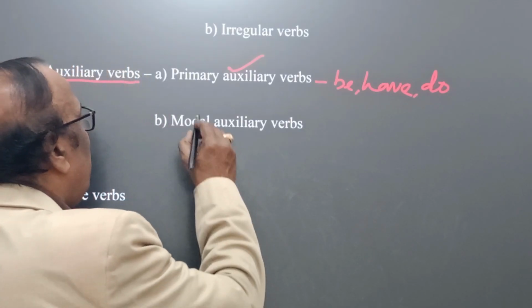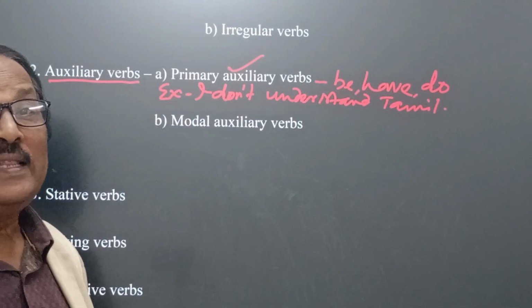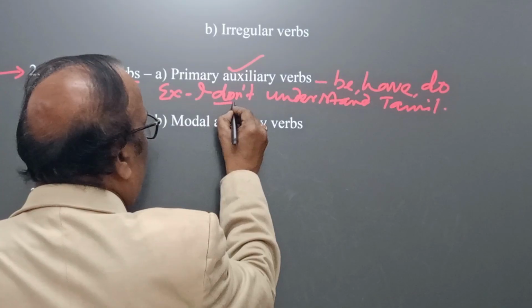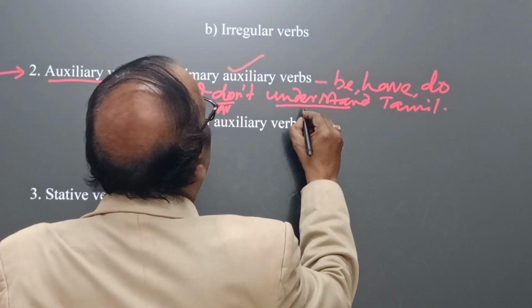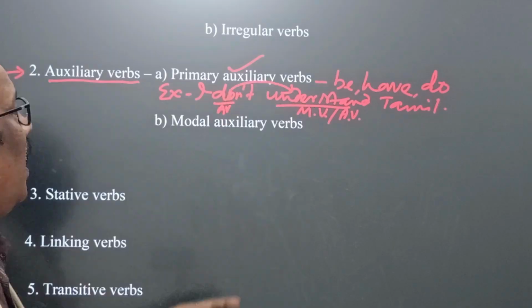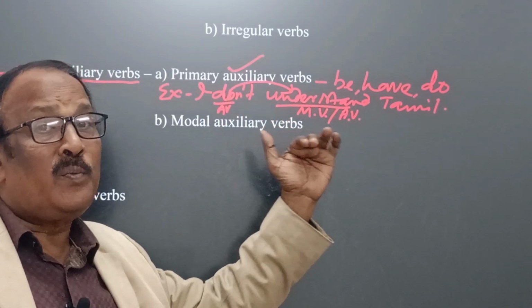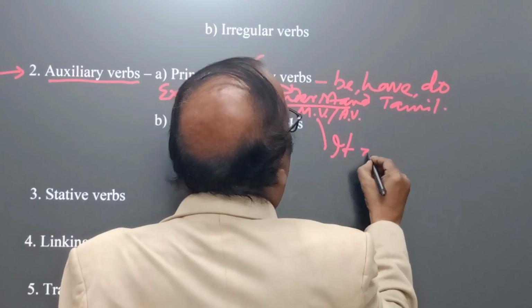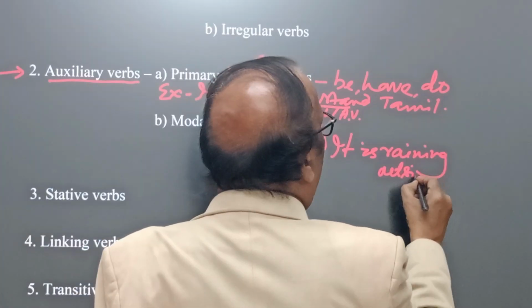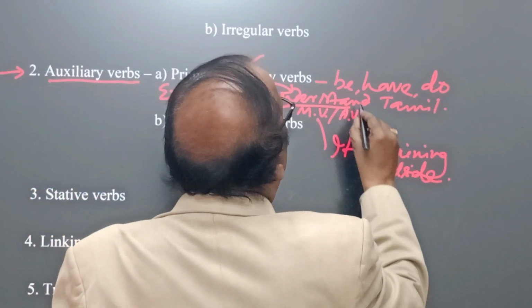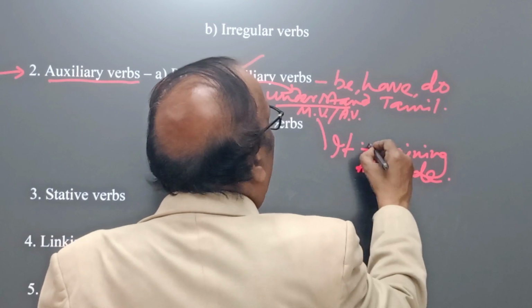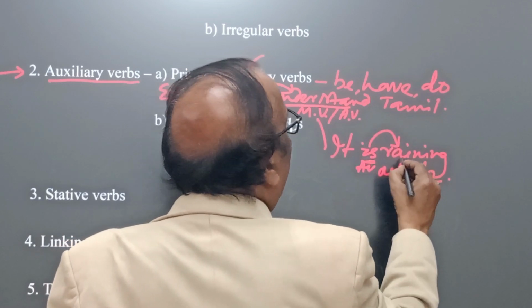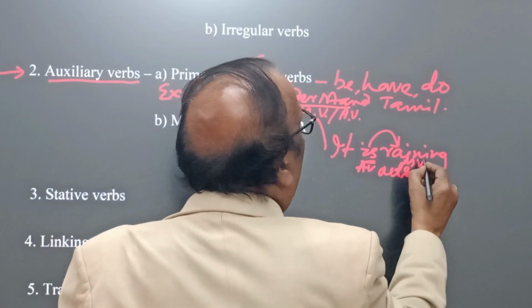Let's see examples. I don't understand Tamil. Here, do is the auxiliary verb and understand is the action verb. Here, do helps understand in expressing complete meaning. It is raining outside. Here, is is the be verb and auxiliary verb, and it supports raining, the main verb.